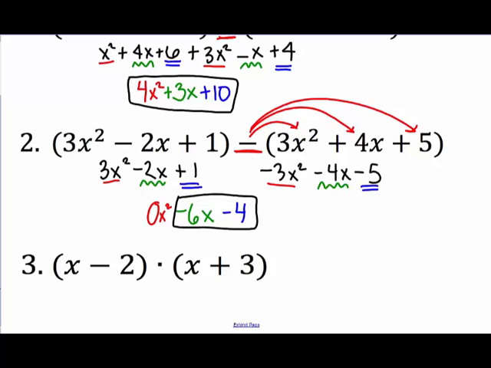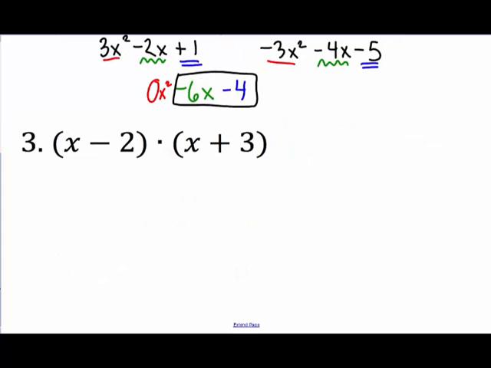So for number 3, I'm going to notice that it is multiplication. So the first thing I need to do is double distribute. So I'm going to distribute that 2 to my x and my positive 3. And I'm going to distribute my x to the other x and the positive 3.